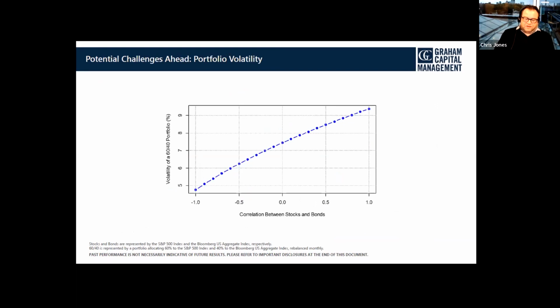And whatever your view is for equities and bonds, that's going to affect asset owners' 60-40 portfolios. Here you'll see what the volatility of a 60-40 portfolio will look like as the correlation between equities and bonds increases. It will increase by about 30% at least.